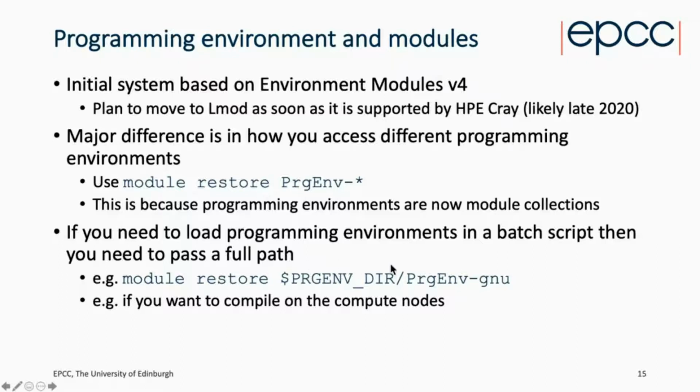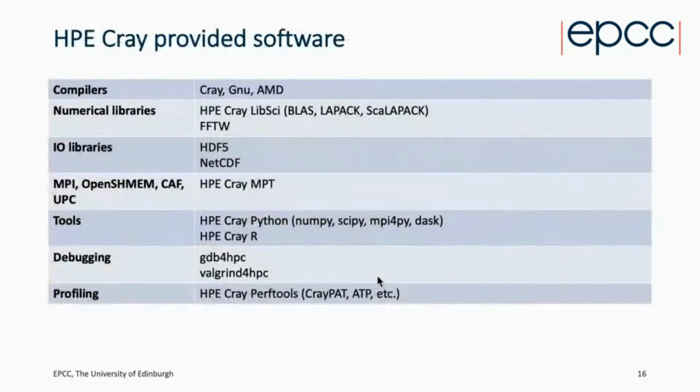The way we're going to do it is we're going to set up an environment variable for all users by default that allows you to get at these without having to actually type the full path. And that means that if things change in the future, we should be able to seamlessly pass it through to users with no problems. So that's a bit of a change from Archer, sorry, from Archer to Archer 2.